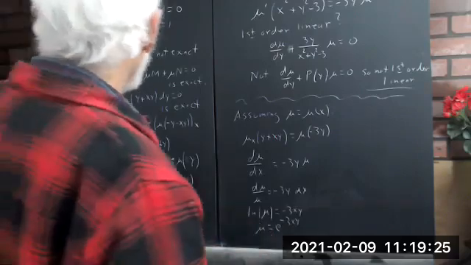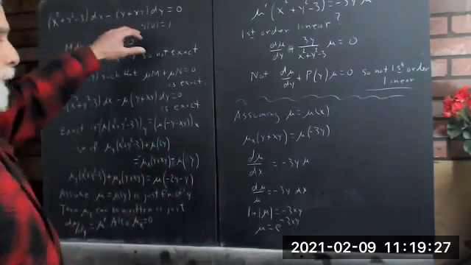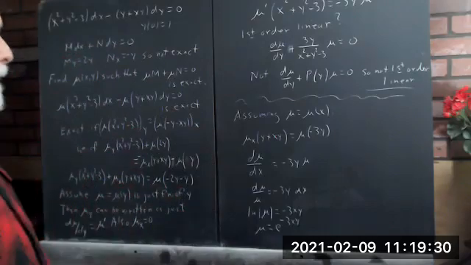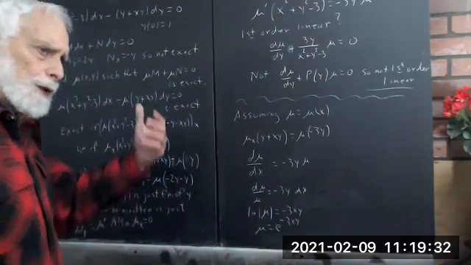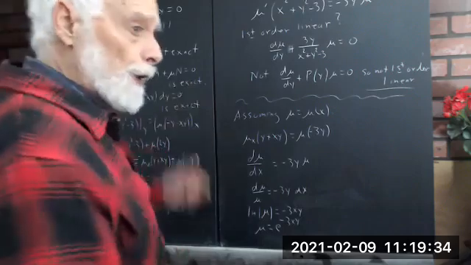Multiplying then both sides of the original equation by e to the negative 3xy, if I've done this correctly, which is always questionable, we should get an exact equation.